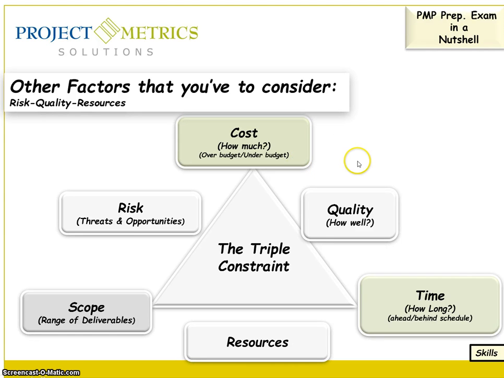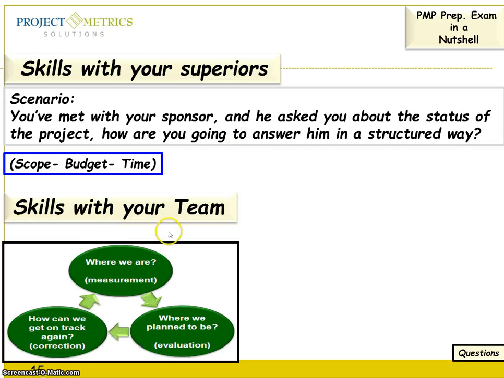There are other factors, starting with quality, how well your project resources, in terms of human resources and material, and the risk. When we talk about risk, we mean the threats and opportunities. You need the skills and have to get yourself ready at any time. If one of your superiors meets you in the elevator, they ask, what's your pitch?